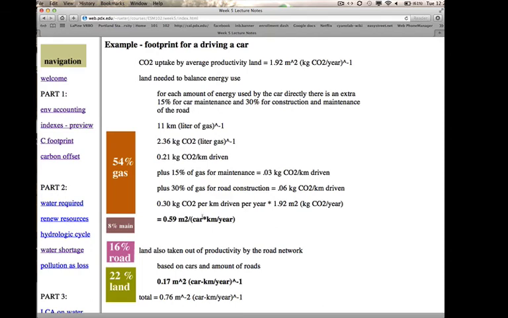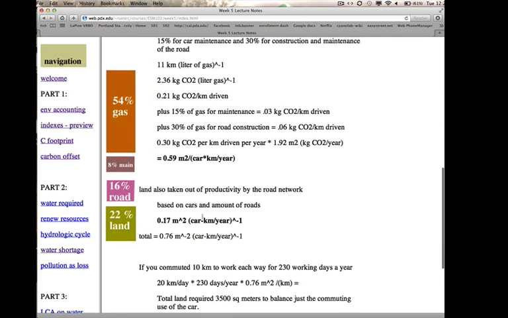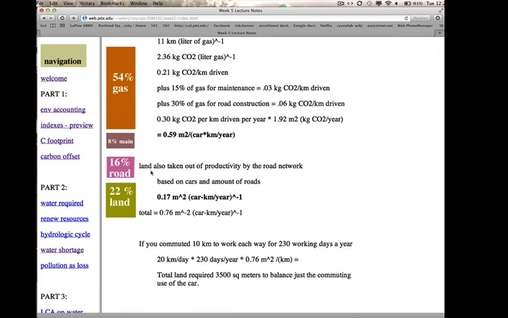There's also land taken out of productivity because you're building the road, and that ends up being this number down here: take all of the roadway in the country and divide it by the number of kilometers driven. You get 0.17 meters squared per car per kilometer per year. Add these two together and you get a total of 0.76 meters squared necessary to offset every kilometer you drive your car in a year.